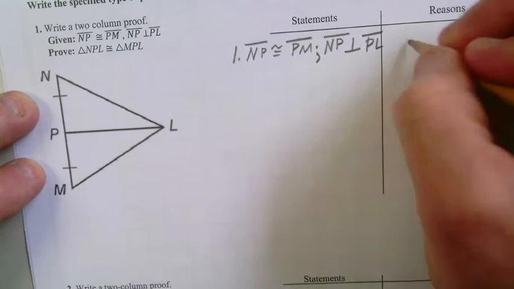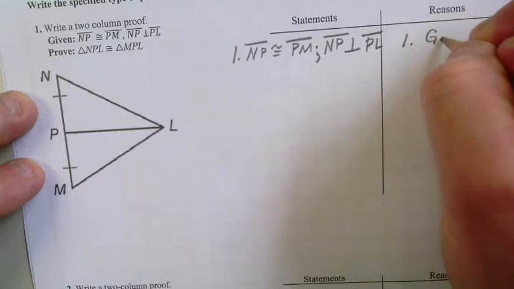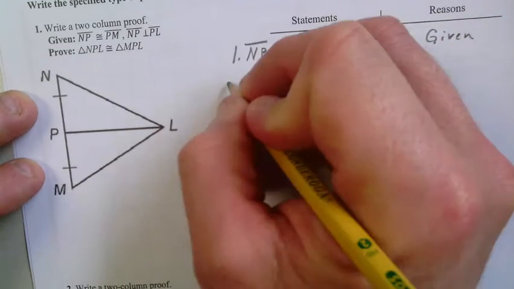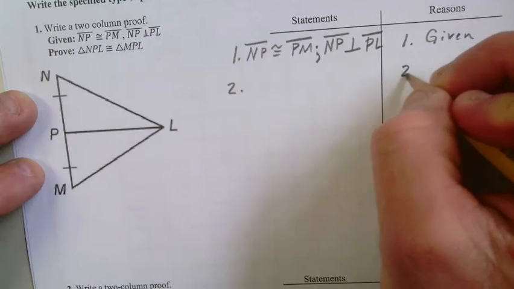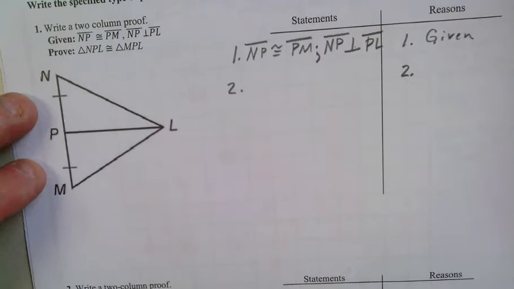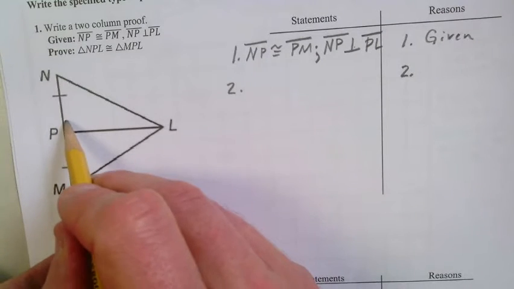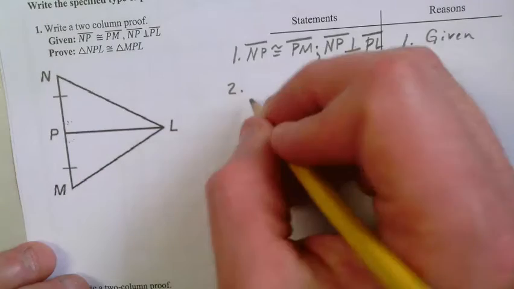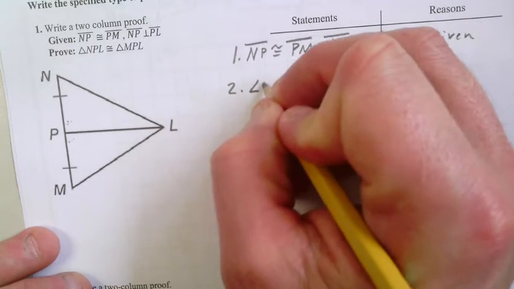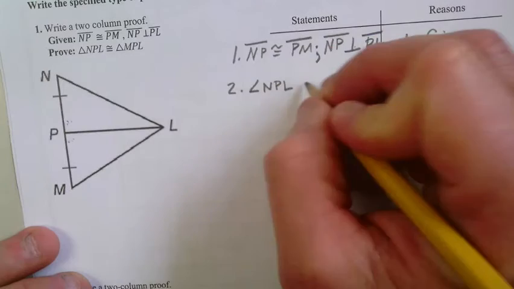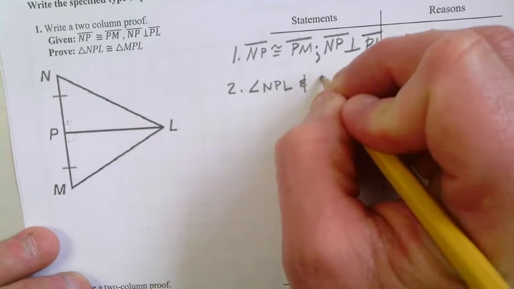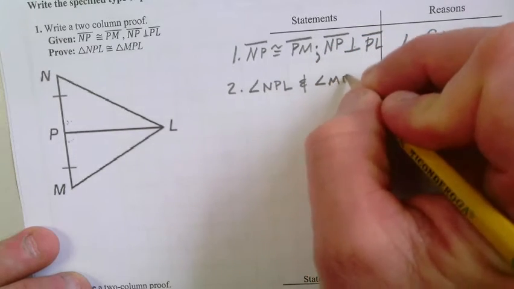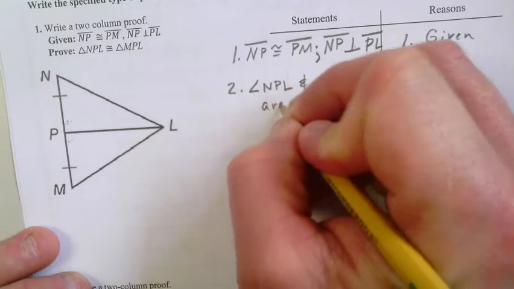Now, what does perpendicular mean? Well, that's what we have to actually identify in this next step. If they are perpendicular, that means that both of these are right angles. Okay. And so I'm going to write down here that angle NPL and angle MPL are right angles.